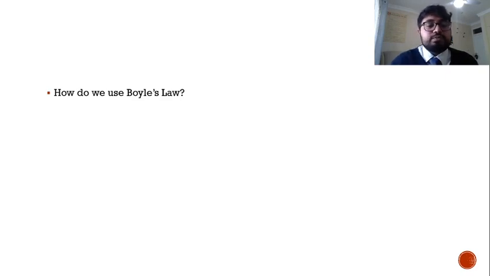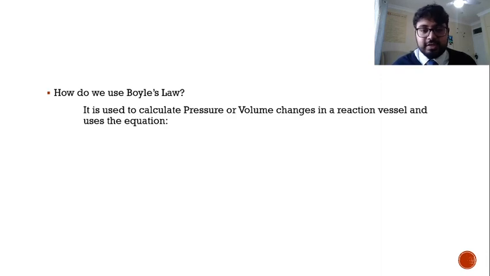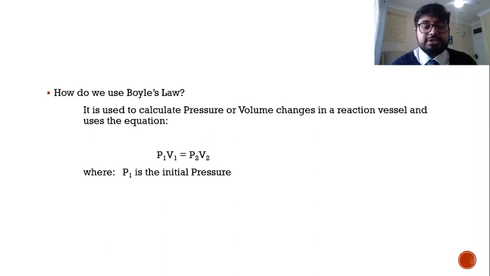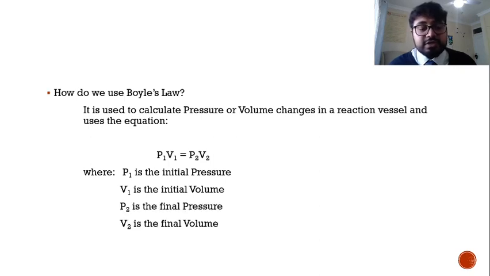So how do we use Boyle's law? Well, Boyle derived an equation that we can use to calculate pressure or volume changes in a reaction vessel, and this equation is P1V1 equals P2V2, where P1 is the initial pressure, V1 is the initial volume, P2 is the final pressure, and V2 is the final volume.